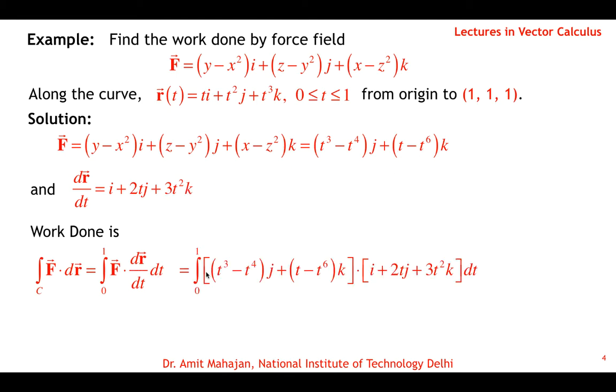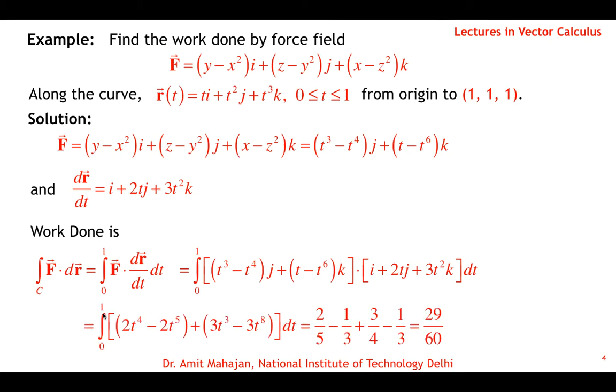The coefficient of i is 0, so that term vanishes; j dot j is 1, k dot k is 1, and the orthogonal dot products are 0. So we can easily rewrite this as the integral from 0 to 1 of (t^3 minus t^4) times 2t, that's this quantity, plus (t minus t^6) times 3t squared, that's the second. We can simply integrate with respect to t and substitute the upper limit minus the lower limit. That gives us the work done by the force field along this curve.